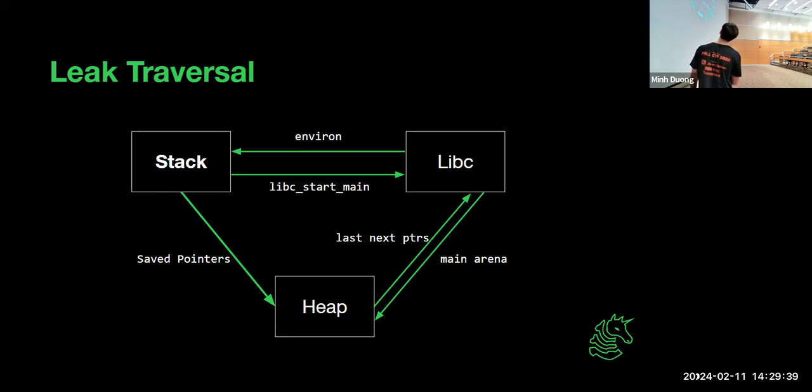And likewise, the stack will usually have a return address to the libc start main function, which initializes your program, and so that gives you a leak to libc. So it's important to understand that when we're constructing these arbitrary reads, we know where we're able to read from and what that lets us leak out.